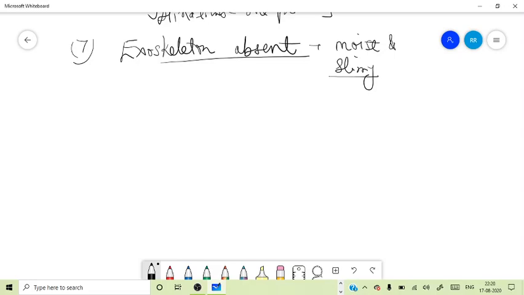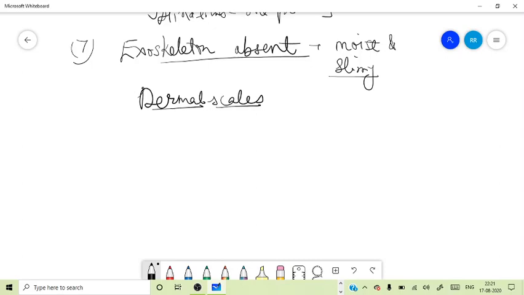But in some members of the amphibia, dermal scales are present. Normally exoskeleton is absent in amphibians, but some members have dermal scales.